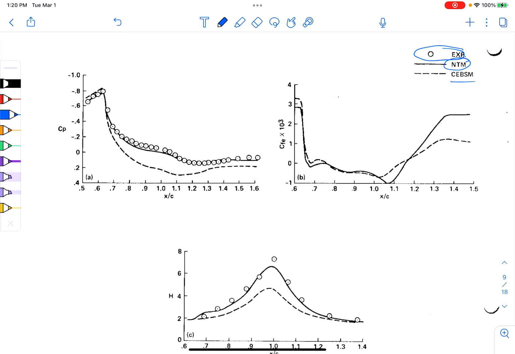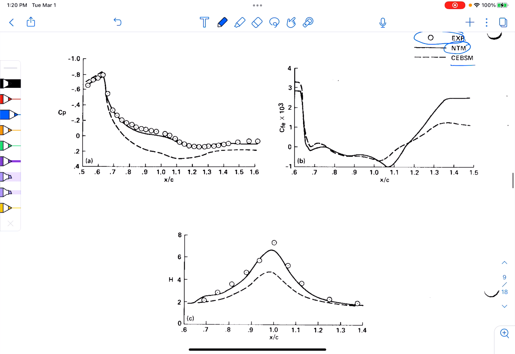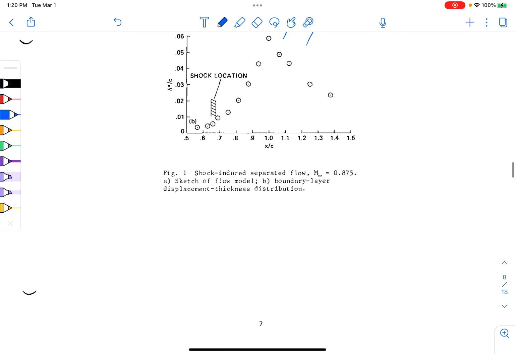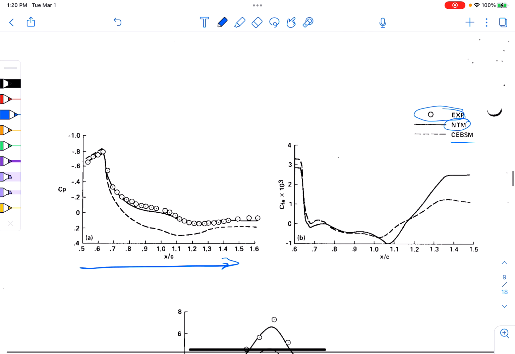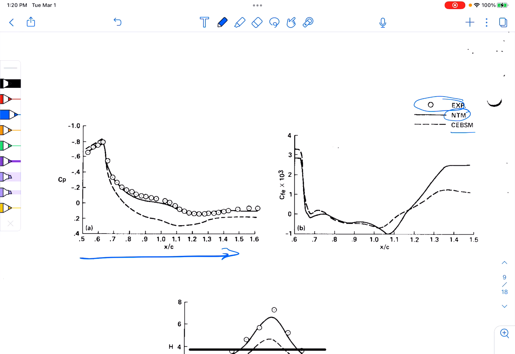And let's look at what they did by having a single ODE that tracks Reynolds stress at the location of maximum Reynolds stress in the boundary layer. Here's the x over c location, so that's right in here. This is 0, this is 0.5, this is about 1. And you can see the experiments are dots.